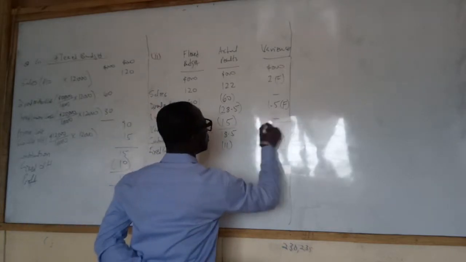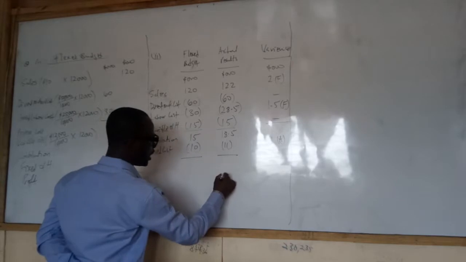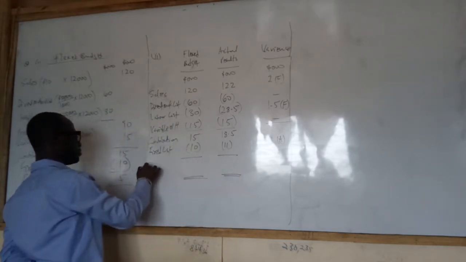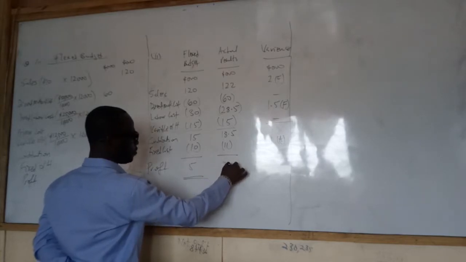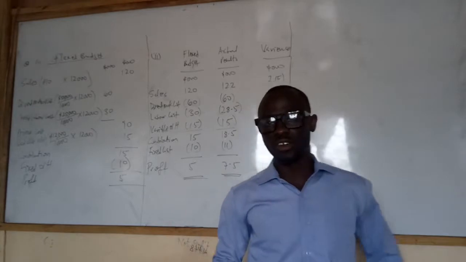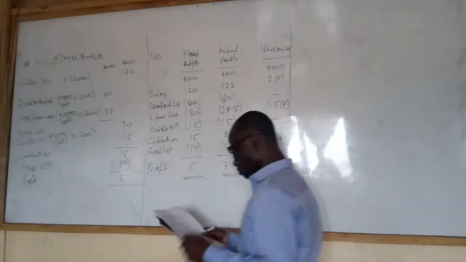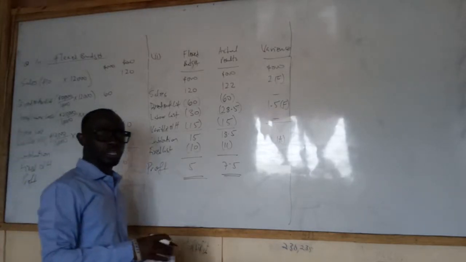So we go. Less the fixed cost now. Let's get a profit. 5 here, 7.5 there. So this is the variance using marginal costing principle. So that's the A aspect of that question.